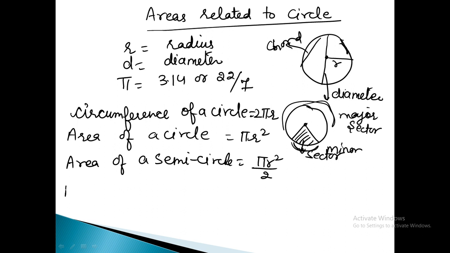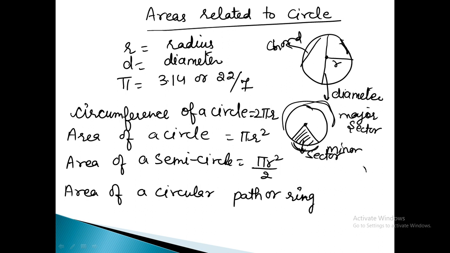If you want the area of a circular path, or any ring, this is a circular path. Here the small r and this will be represented by capital R, and in this case we will find this shaded area.